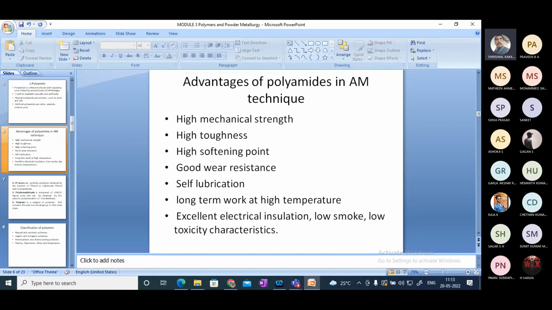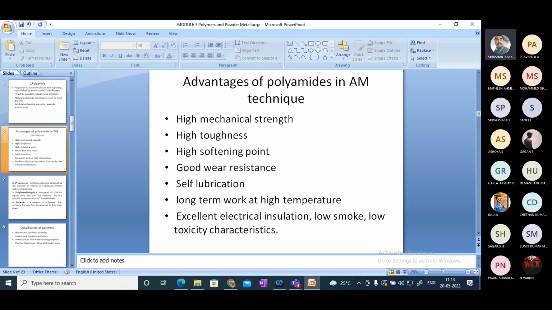They can retain their shapes for a long time, and high toughness. And high softening point is a very important thing, because once it is heated up uniformly, it has to soften itself so that the flowability can be very good and you can laminate one layer on the other. That is a very important character.